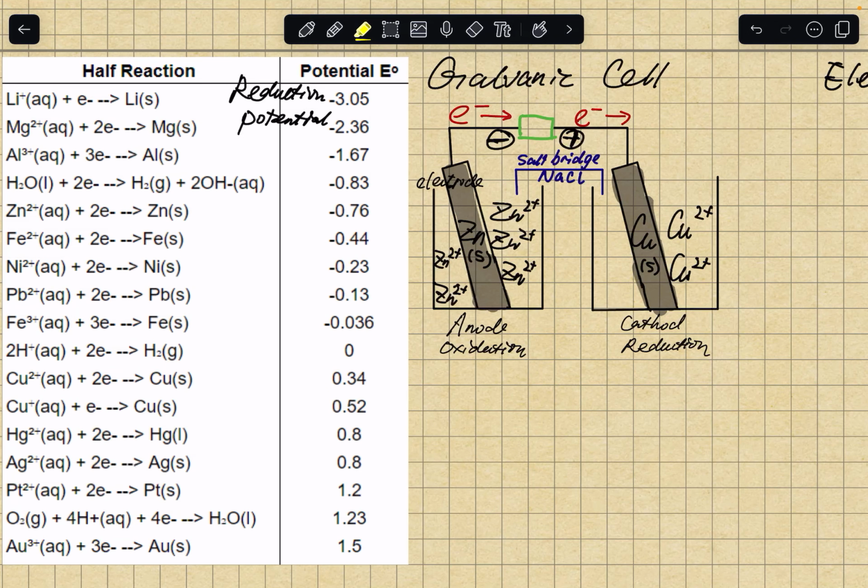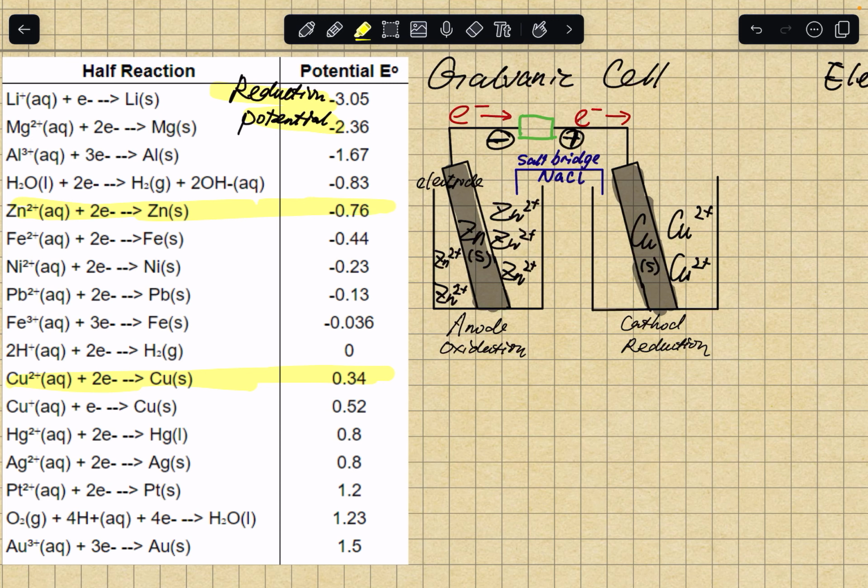Before we dive into the galvanic cell and electrolytic cell, I want you to pay attention to the table on the left, where you see that different metals have different reduction potentials. For example, copper has a reduction potential of 0.34 volts, whereas zinc has a lower reduction potential of negative 0.76.